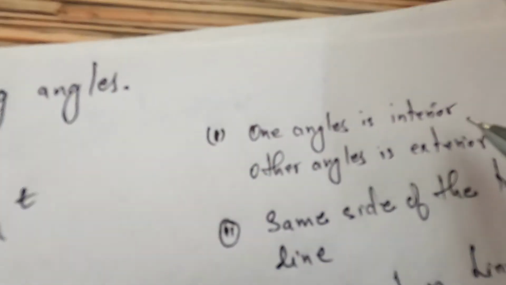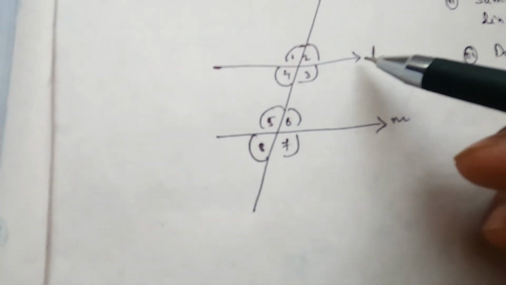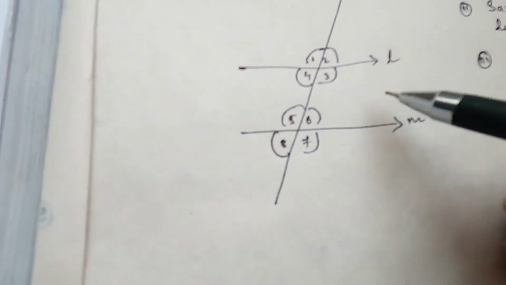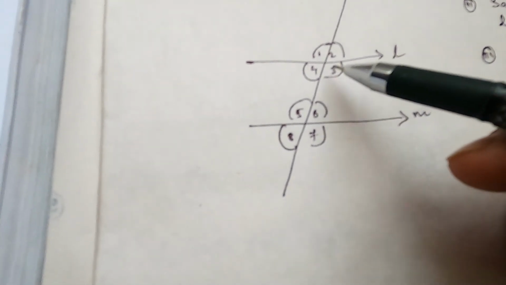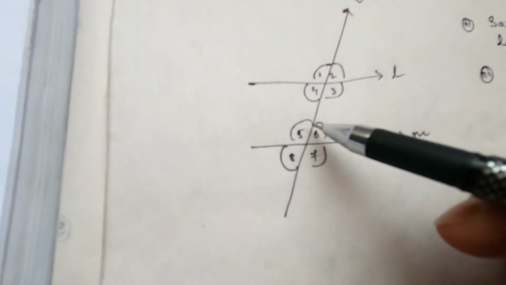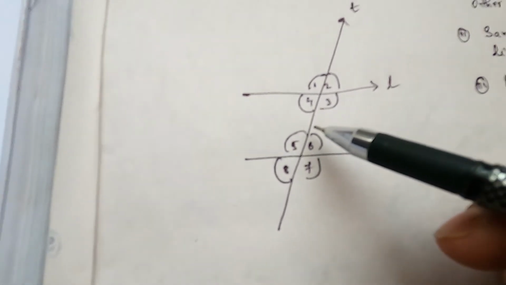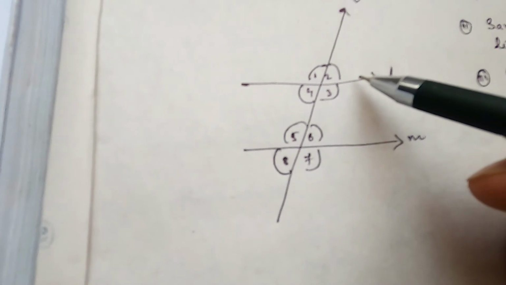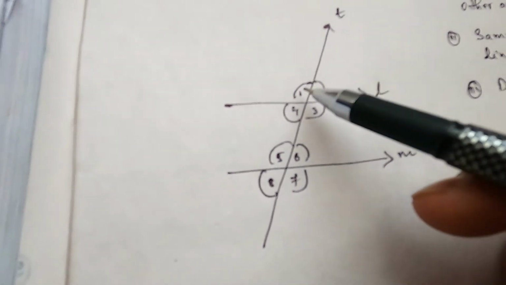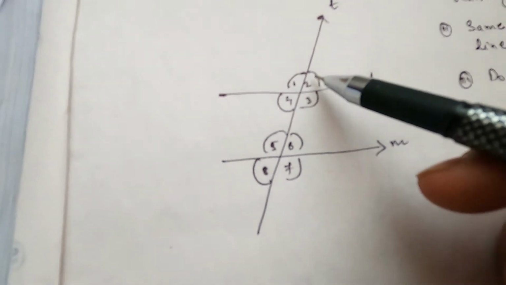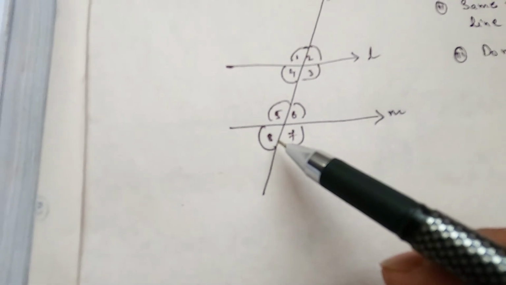So what do we mean by interior and exterior? Now you can see that L and M are the parallel lines. So the angles which are in between L and M, that is 3, 4, 5 and 6, are known as interior angles. All right, and the angles which are outside of lines L and M are known as exterior. So angle 1 and angle 2 will be exterior, angle 7 and angle 8 will be exterior.